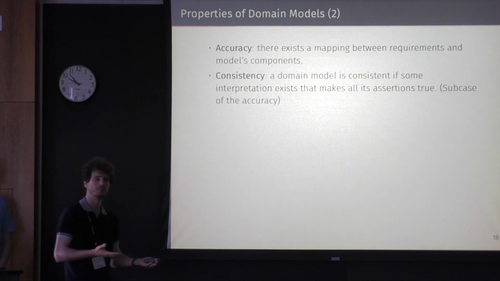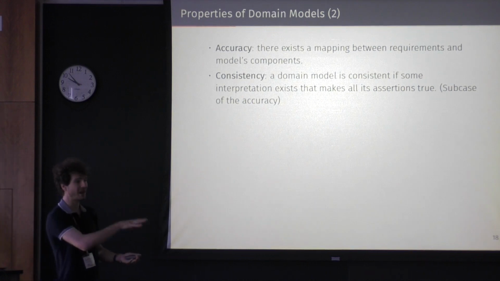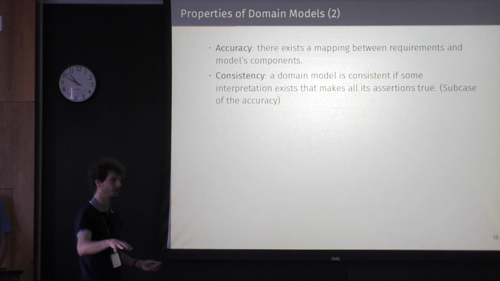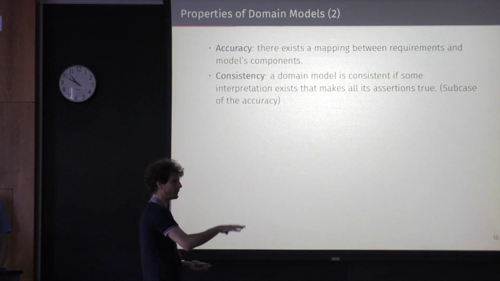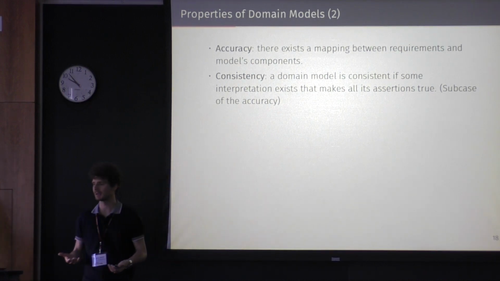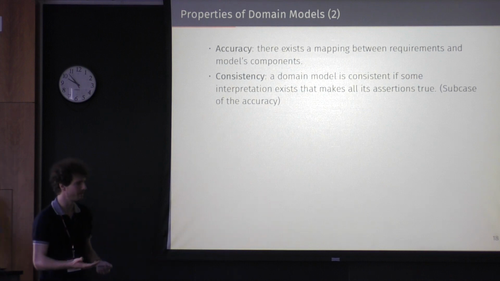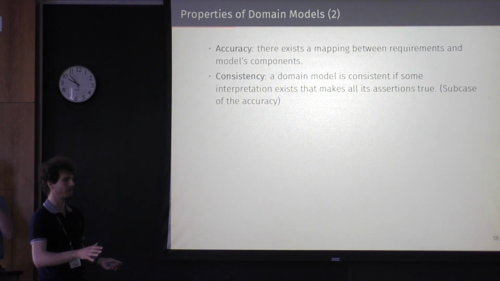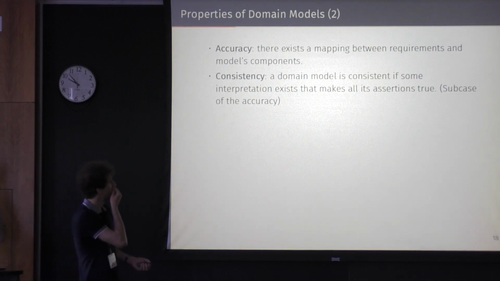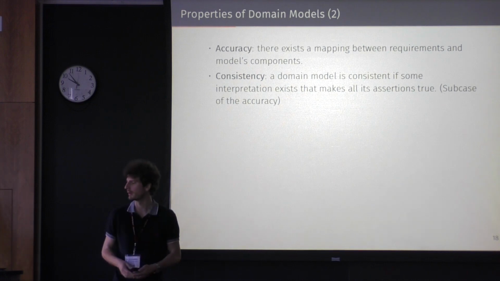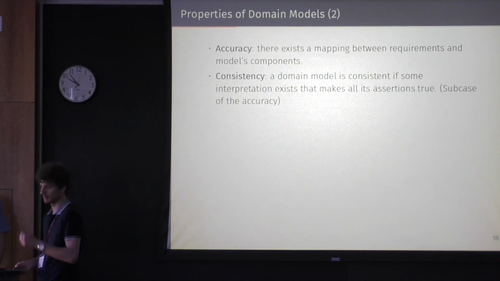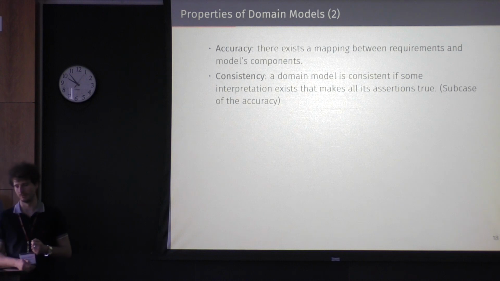Does it need something else to be used? Or is there any way to reach a specific goal using these operators and these predicates? Am I missing something? Or maybe I didn't consider some predicates which are needed. This is the way in which you check the consistency, which is, as we said, the internal coherency of a domain model.